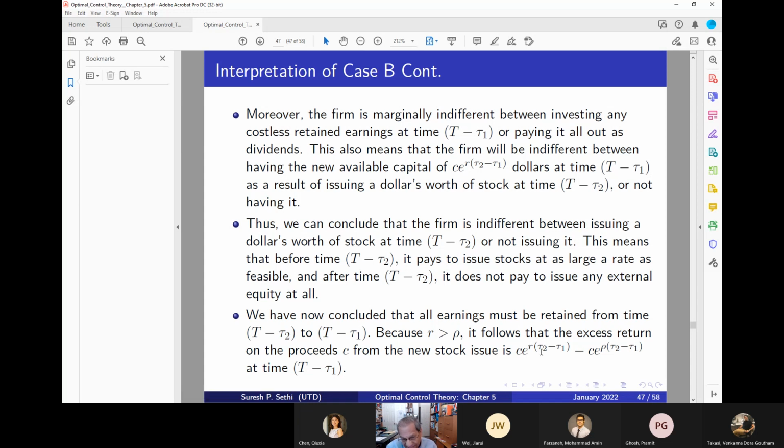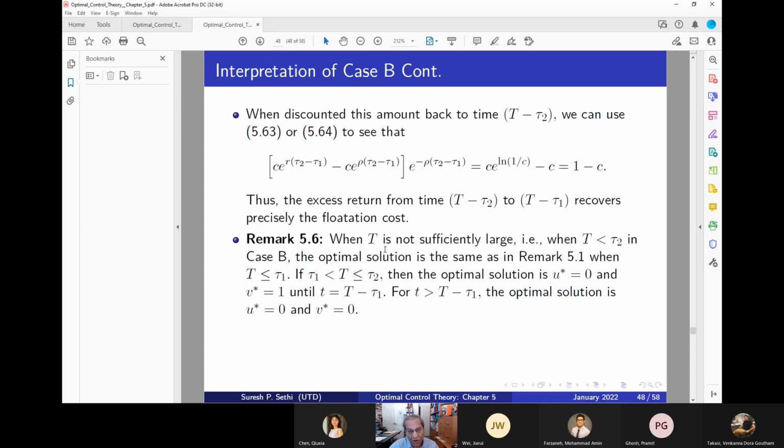So because it follows the excess return on the proceeds C from the new stock is this amount. Because this is the amount it's earning, this is the amount it must, from the stockholder's point of view, equal the money that we gave to the brokerage house.